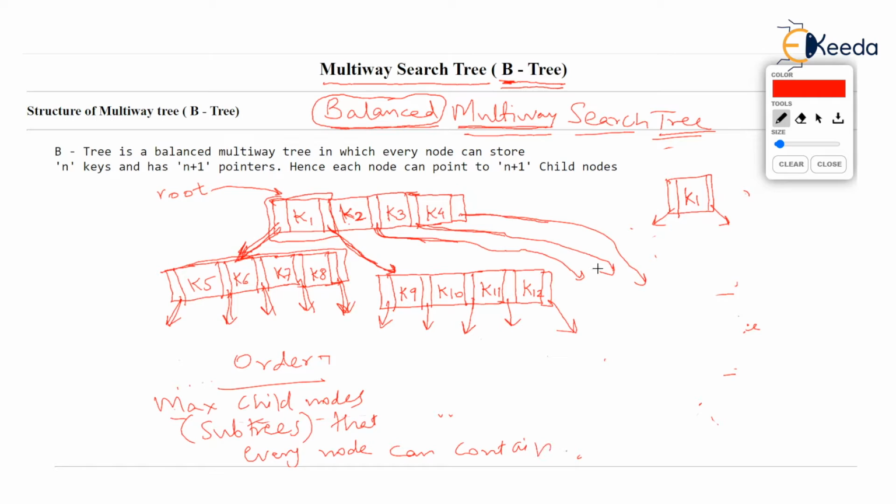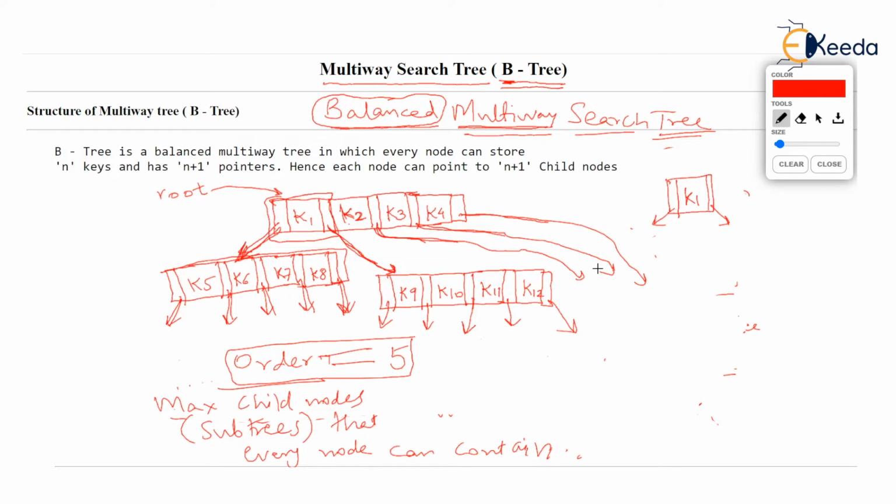This word is very important in the definition of n array or multiway tree. So what is the order of the above tree? Order of the above tree is 5. I repeat, order is defined as maximum number of children a node can have. So what is order of binary tree? Order of binary tree has to be 2, because every node in a binary tree can point at most to 2 children, isn't it? All right.